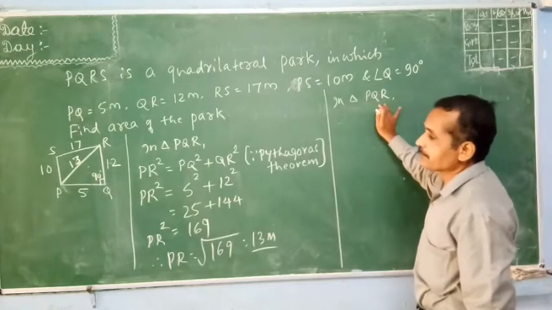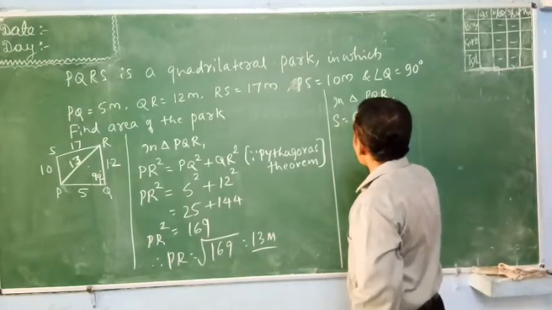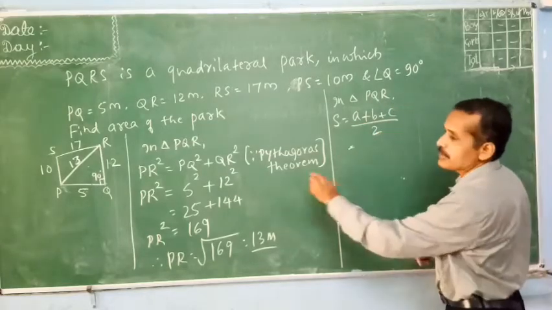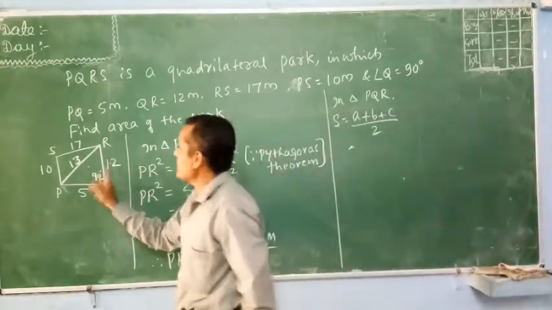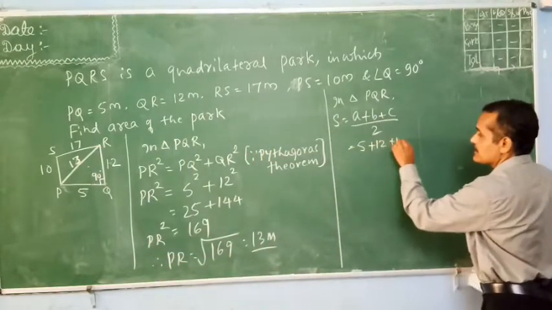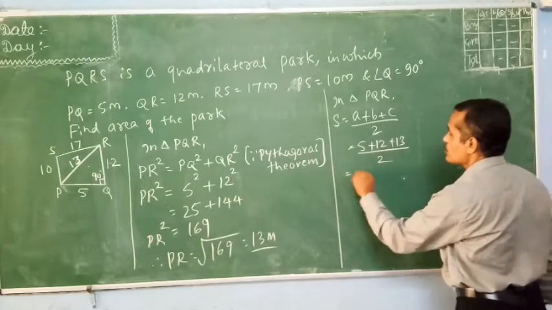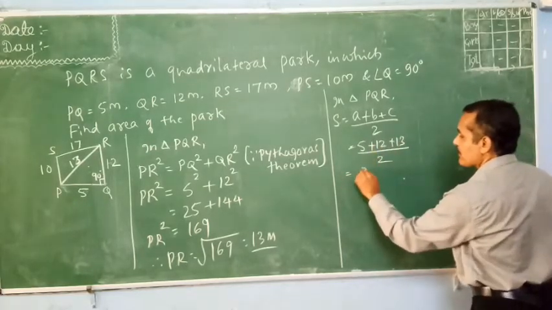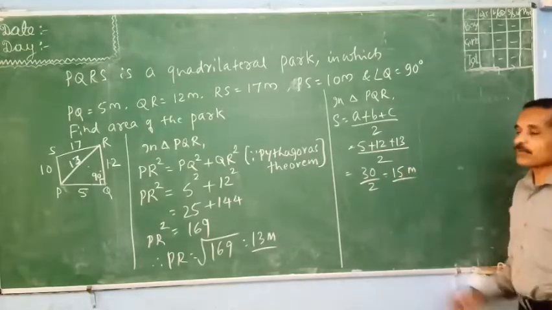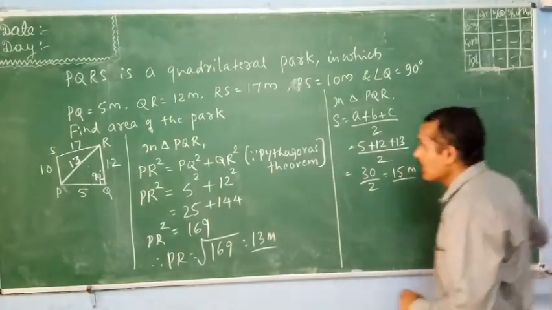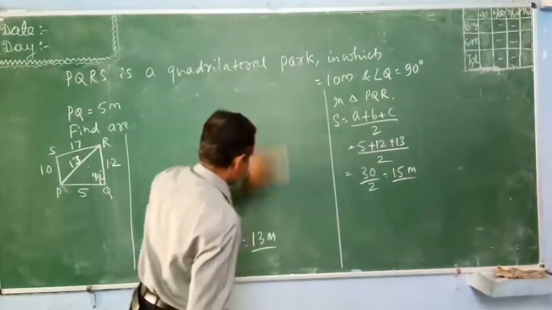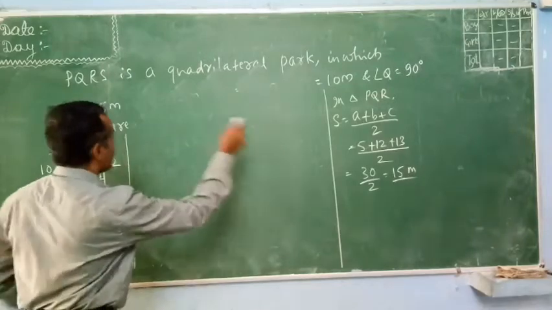S is equal to a plus b plus c divided by 2, the semi-perimeter. It is 5 plus 12 plus 13 divided by 2, which is 30 by 2. The answer is 15 meters. What is this? The semi-perimeter. Now I will find the area of the first triangle.